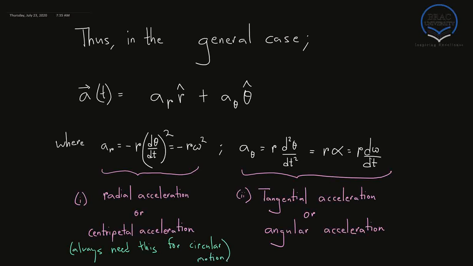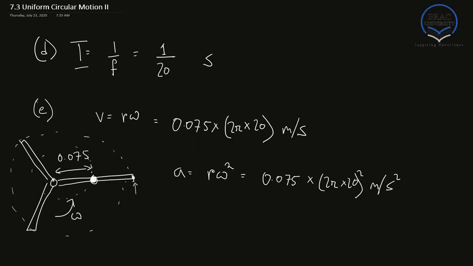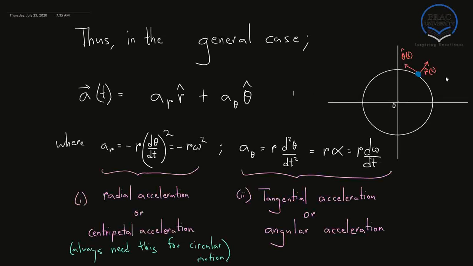But you also have an extra piece, which is a theta equal to r d squared theta by dt square, which we've defined to be alpha, right? d squared theta by dt square, so it's r alpha or r d omega by dt. And because it points towards the theta hat direction at each time, we call that the tangential acceleration or the angular acceleration. So, if you think about some instant in time in circular motion, you have this quantity a r hat.